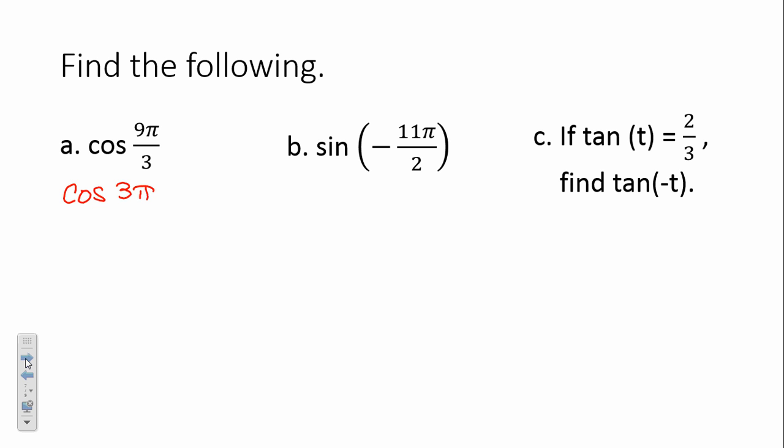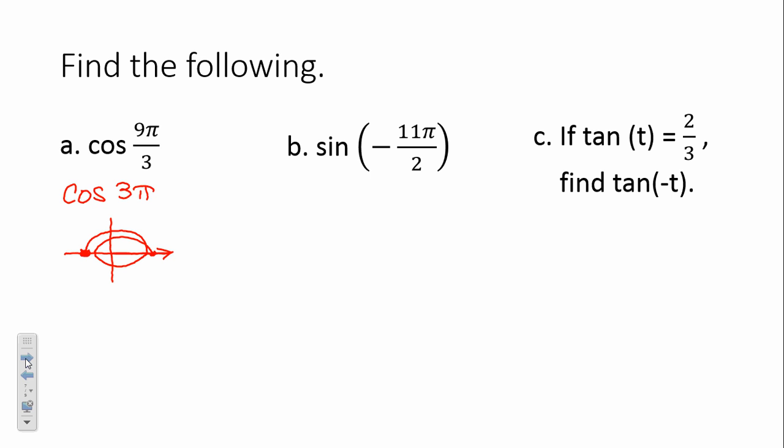Okay? So then we think about our reference angles here. If we started out with our initial ray being on the x-axis, putting it in a standard position, and we look for 3 pi, half of a rotation is 1 pi, a full rotation is 2 pi, so we're basically a rotation and a half away. Okay? So far, so good? Okay?